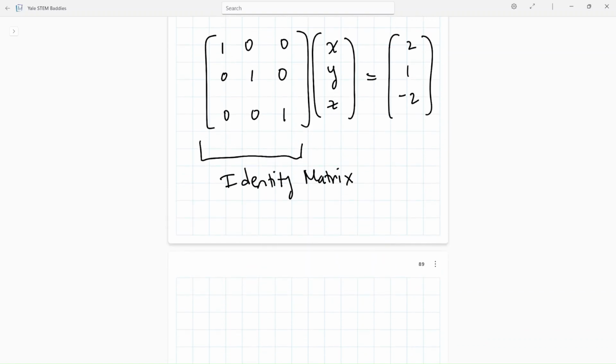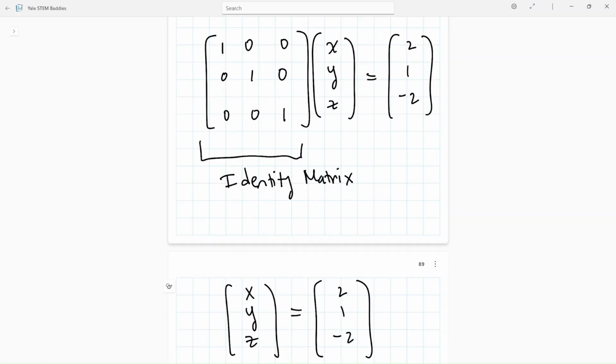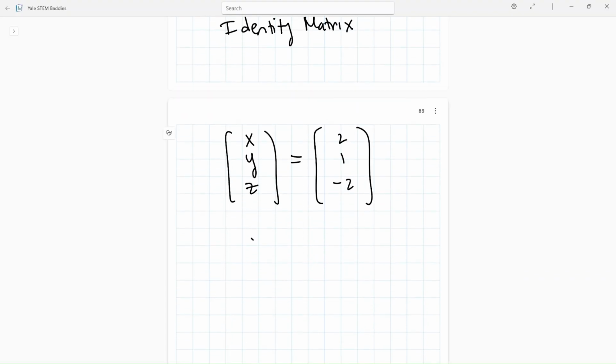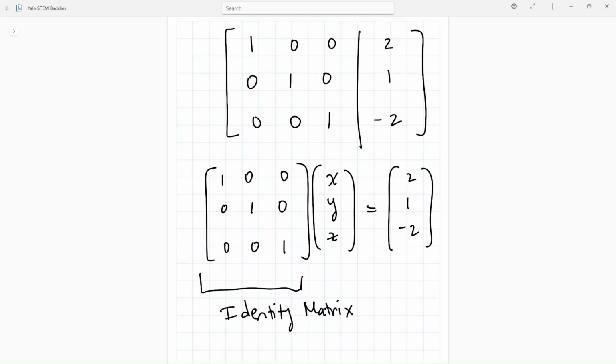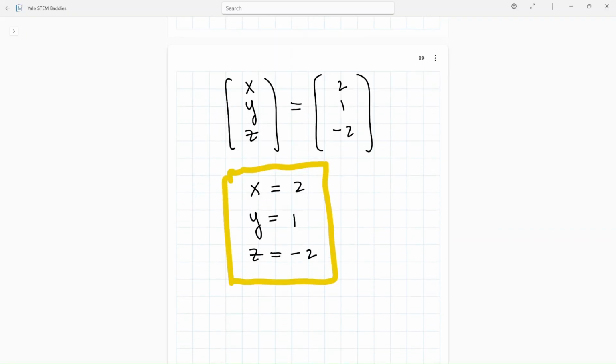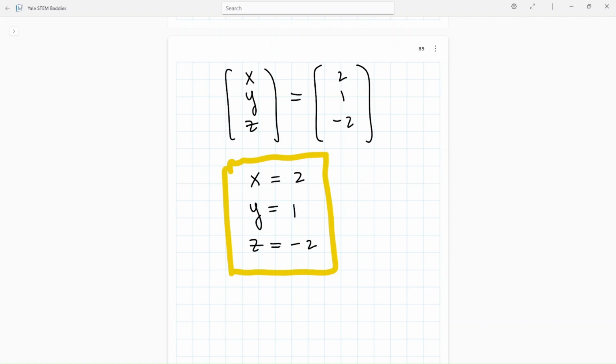So all this equation is telling us is that x, y, z equals 2, 1, negative 2. So our final answer is that x equals 2, y equals 1, and z equals negative 2. So, as you see, the reduced row echelon form gave us the final answer over here. And that is how you use Gaussian elimination to solve these types of linear equations.